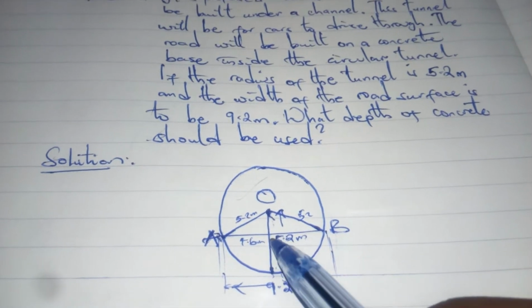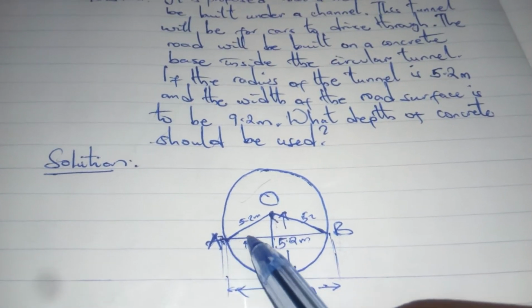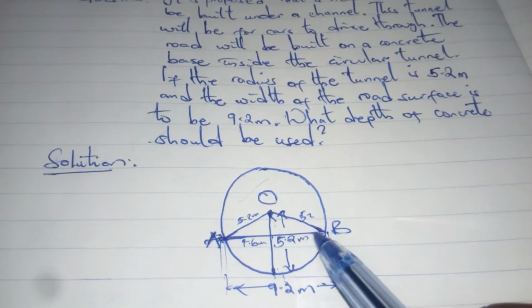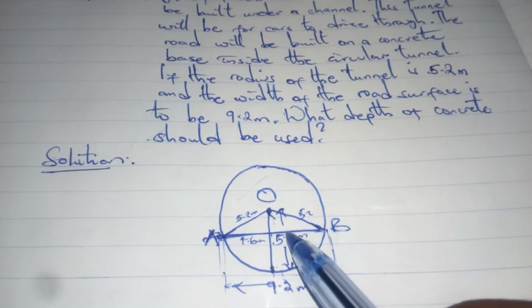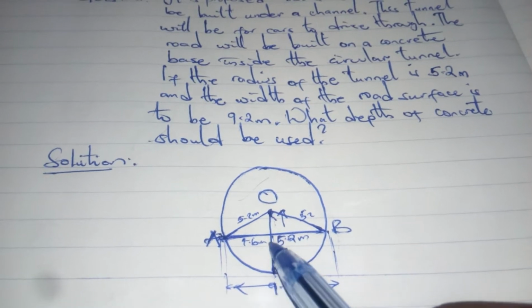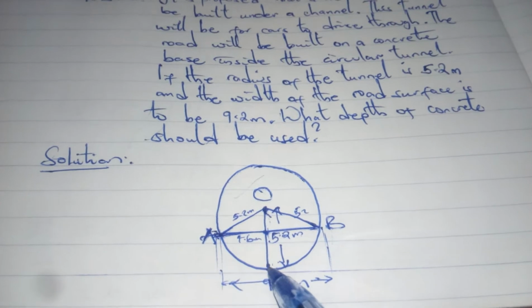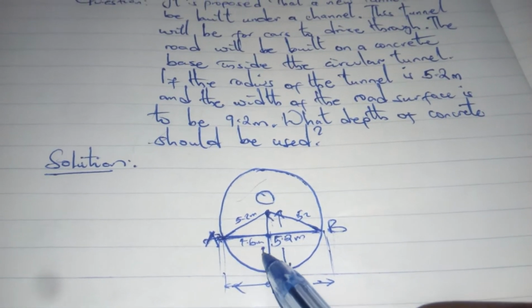If you can see, let's name this depth, because now we have put a sketch where the road will be. So the depth of the concrete that you will have to apply will be this, from here up to here, to the bottom of the tunnel. Let's give that d.